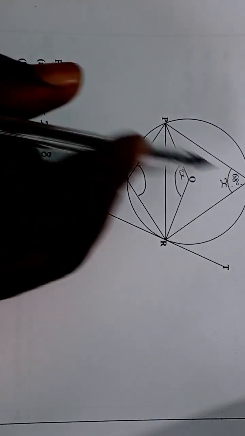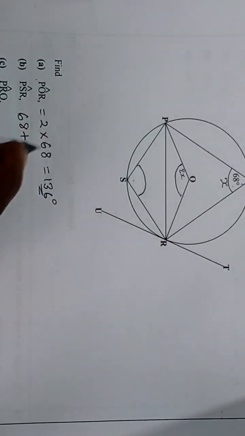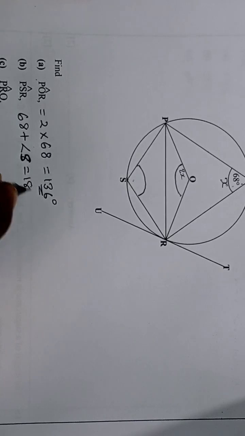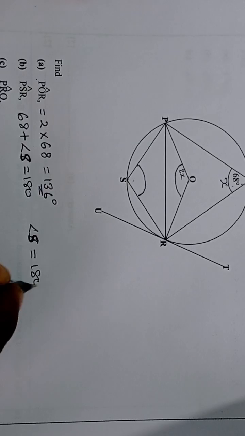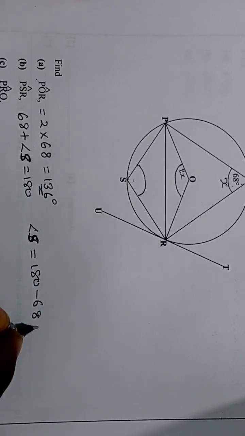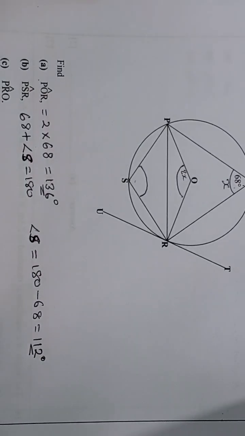So therefore, 68 plus this angle is equal to 180 degrees. So therefore, angle S is equal to 180 minus 68, which is 112 degrees. Then find angle PRO.